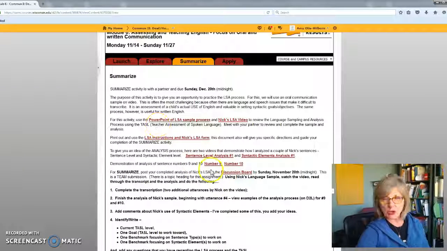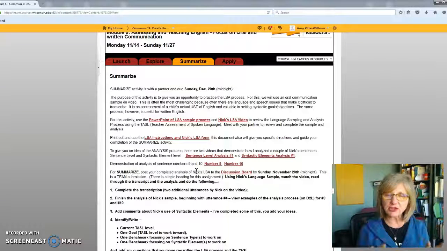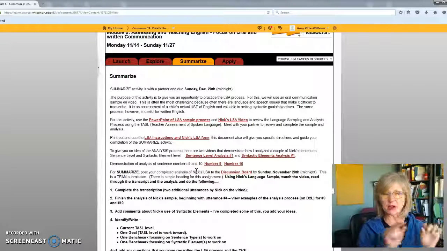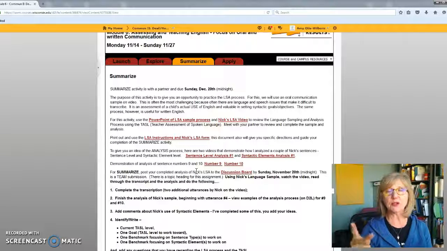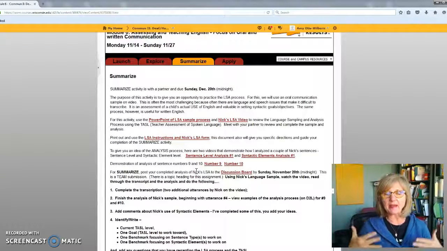And you'll work with a partner on this to work through the analysis and then to finish the analysis up. There are 2 samples or sentences that Nick has not completed, that are not transcribed. You and your partner will transcribe, analyze, and then complete the analysis and think about goals.